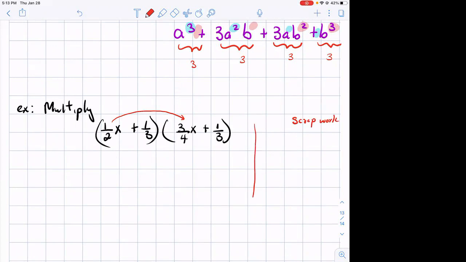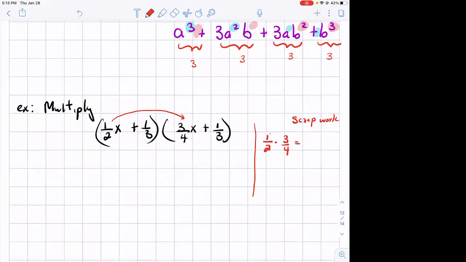What happens when you multiply 1/2 times 3/4? Well, 1 times 3 is 3, and 2 times 4 is 8. You get 3/8. So when multiplying these two, you're going to get 3/8 x squared, because we have an x to the 1 and x to the 1.